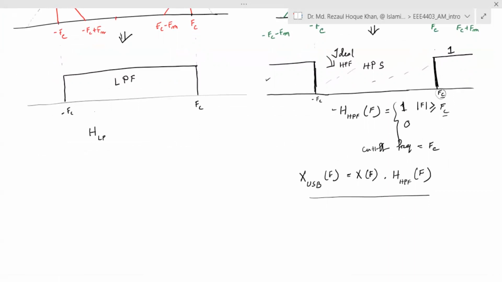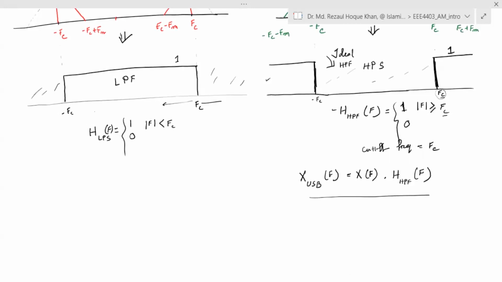So what is the transfer function for the low pass filter? In the frequency domain, of course, here this value is 1, and here it is 0. So we write that its value is 1 when the frequency is less than FC, or 0 if it's higher than FC, right?